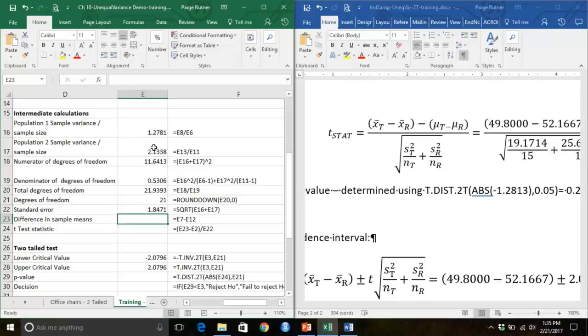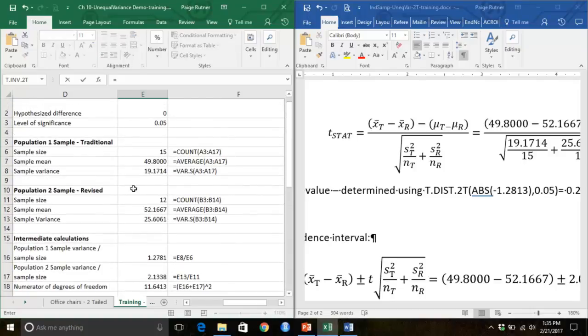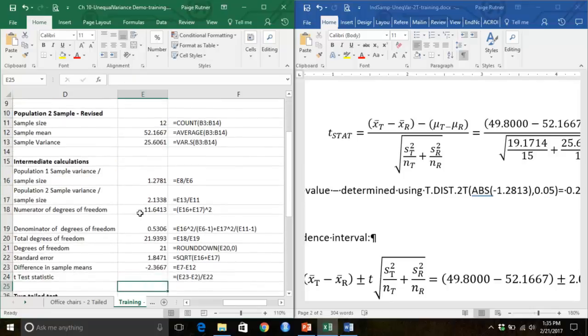And so that gives me a standard error of 1.8471. And then finally, I'm going to go ahead and just compute the difference between my sample means. I've got the traditional group first, and then subtract the mean for the revised group. And so that gives me a difference of minus 2.3667. All right. So that's all the terms that I need for my test statistic.